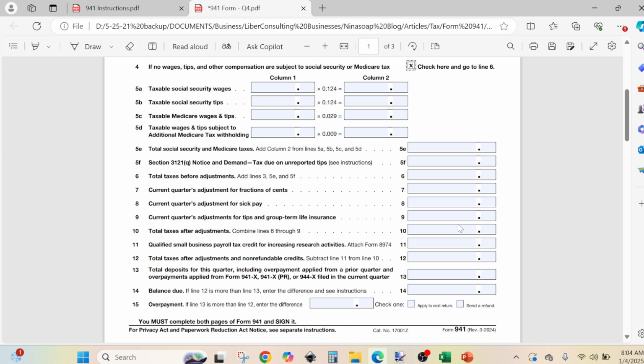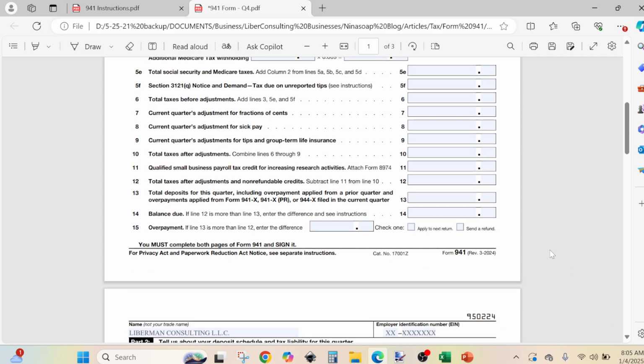Line 9, current quarter adjustment for tips and group term life insurance, we leave blank. Line 10, total tax after adjustment, which is line 6 added all the way to line 9, we leave blank because it's 0. Line 11, qualified small business payroll tax credit for increasing research activities, we are going to assume it is 0 as well, and we are going to leave it blank.